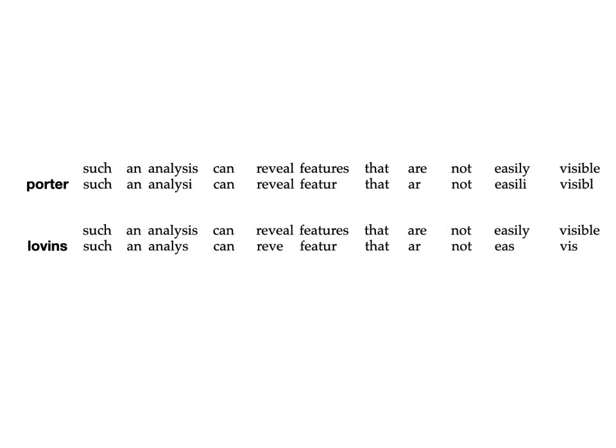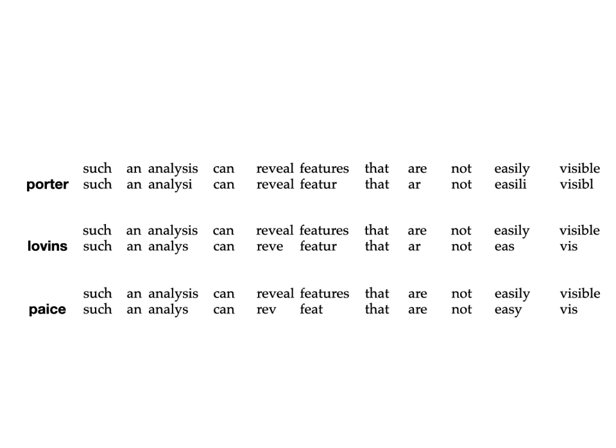It still lops off the E's. And then the Paice stemmer, which is quite similar, reduces them even more. So the idea here is not that these are all very important things to know the difference between.